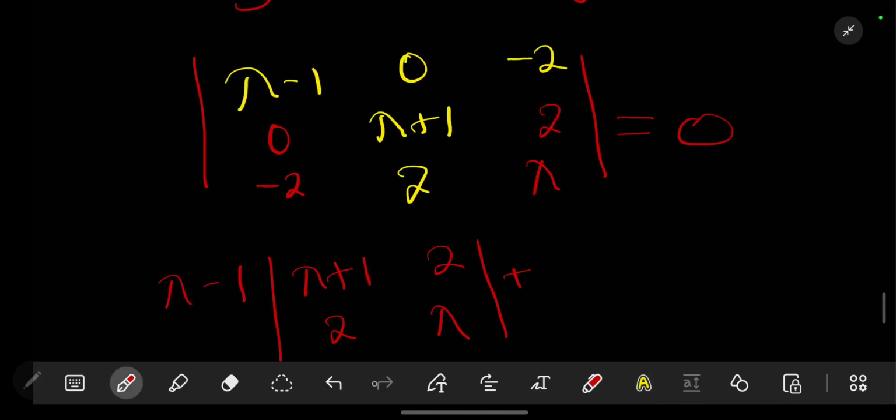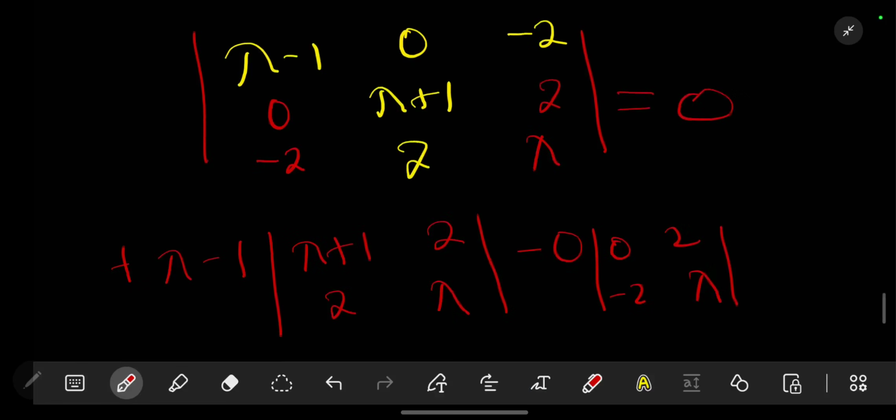So the first one will be positive, then the next one will be negative, then here we have 0 on top. So whatever we write, it's 0. So we are going to have 0, 2, negative 2, and the lambda like that.